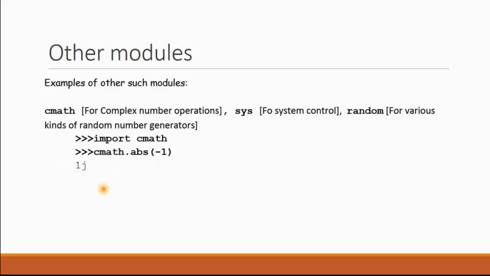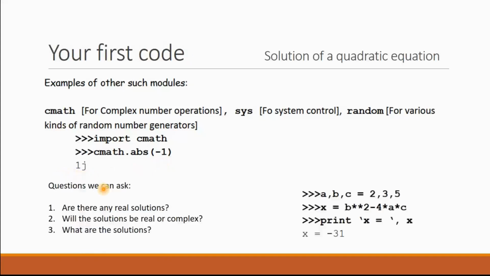Okay, so you go ahead and try to write a code. This is a homework, so try it. Import the module cmath, and try to solve a quadratic equation. So you give the values of a, b, and c. Don't try to take input from the user. You write them inside your code like a, b, c equal to whatever values you want.